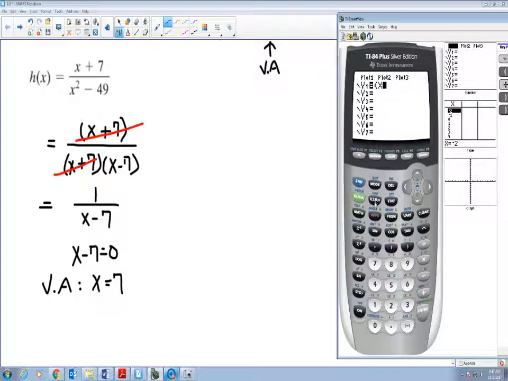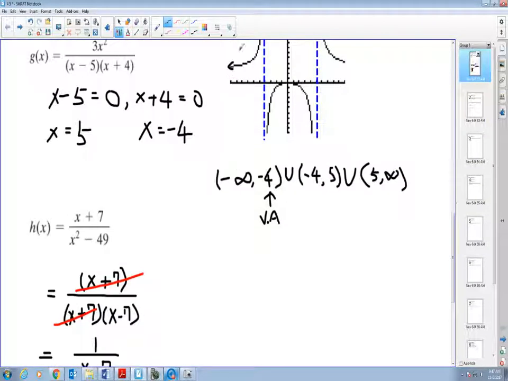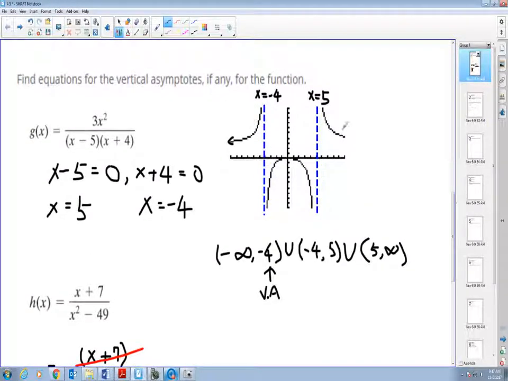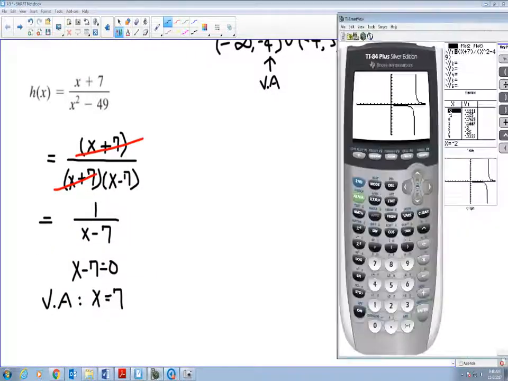Very interesting little problem: x plus 7 divided by parenthesis x squared minus 49. Got to graph the original function. One vertical asymptote separates my graph into 2 parts. 2 vertical asymptotes separate it into 3 parts in the picture.